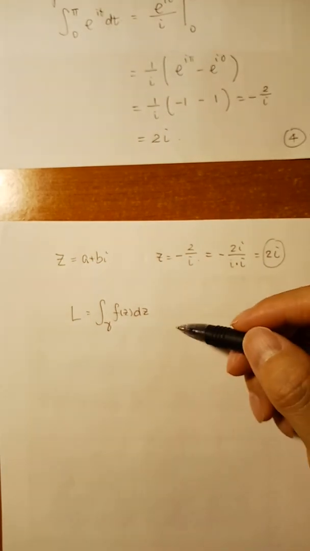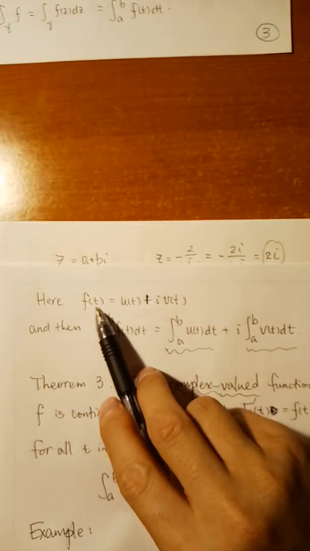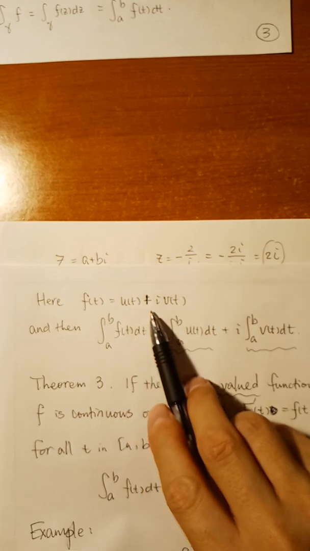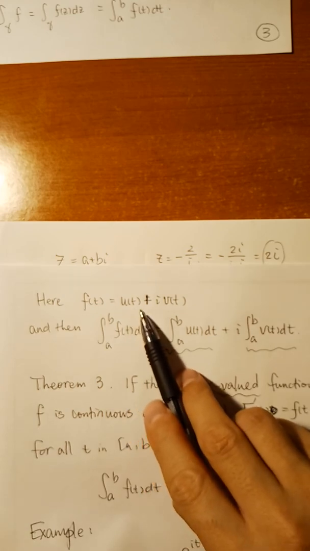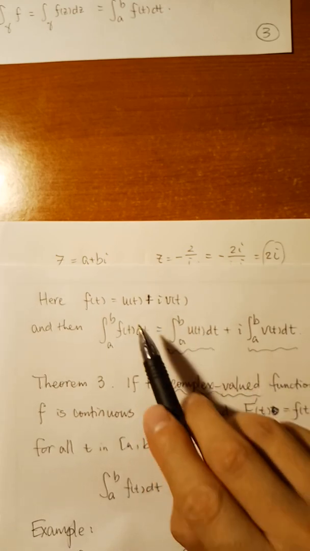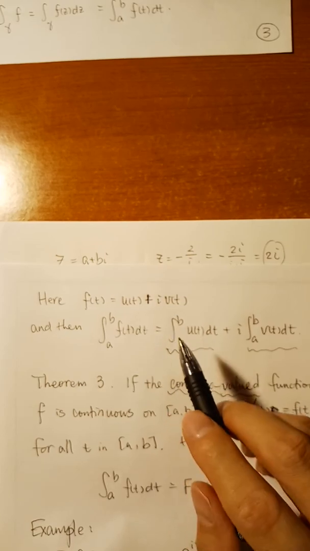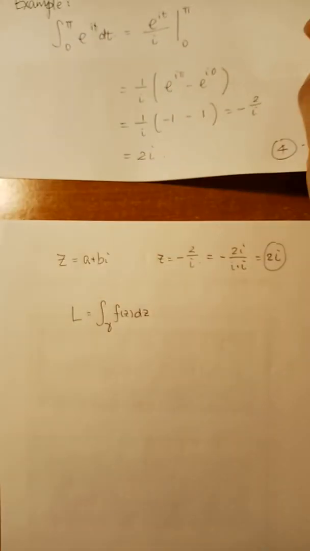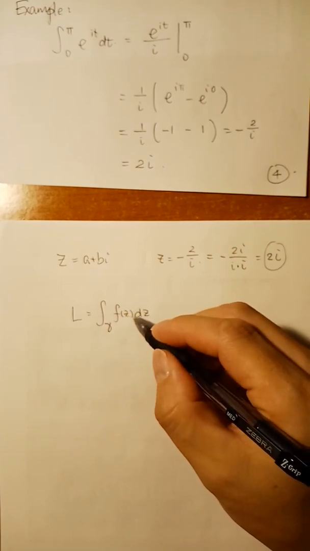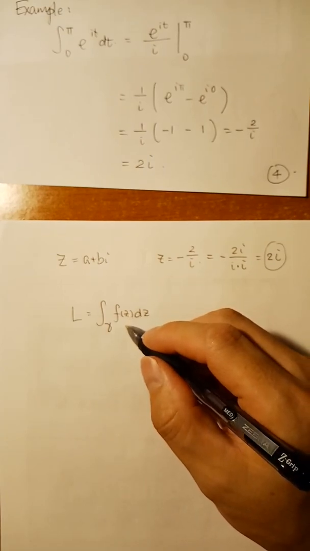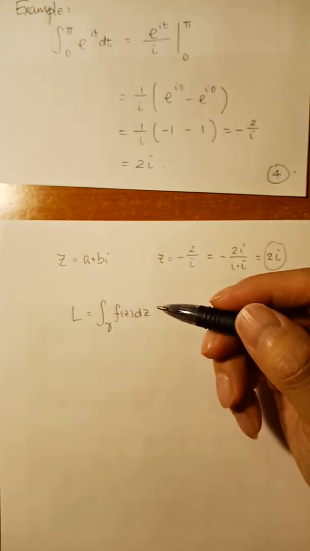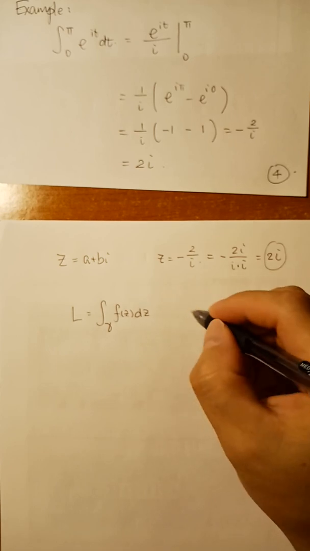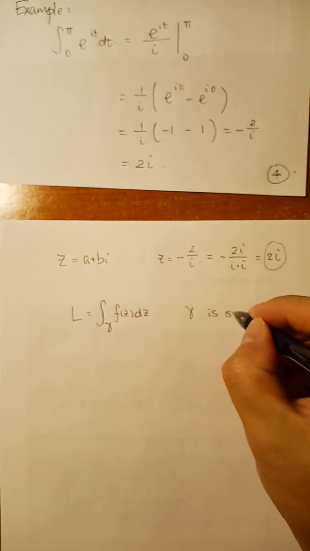The reason we did the previous discussion is that when we have real-valued u and v of a real variable, we can apply the fundamental theorem of calculus. But at the moment they are complex valued, so you cannot apply it. Here we assume gamma is smooth.